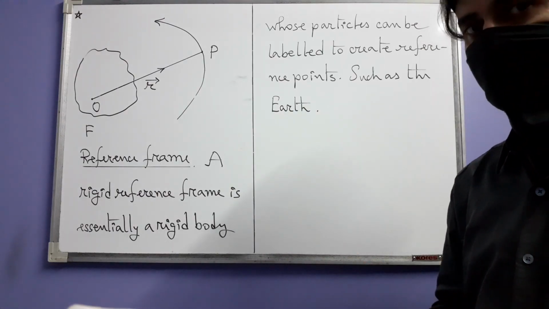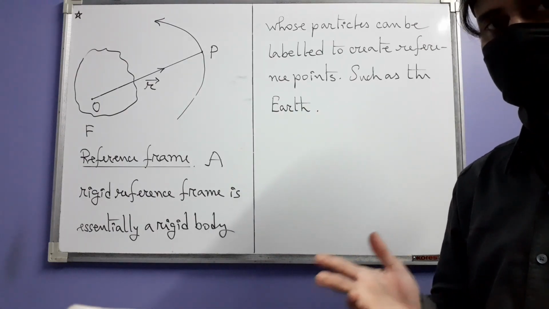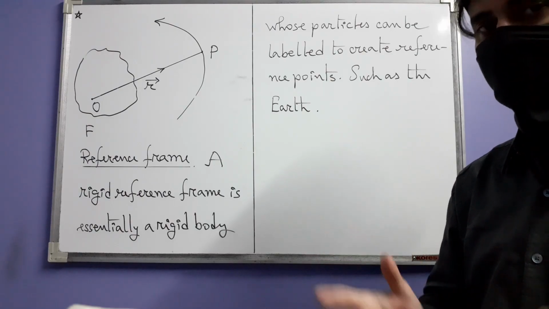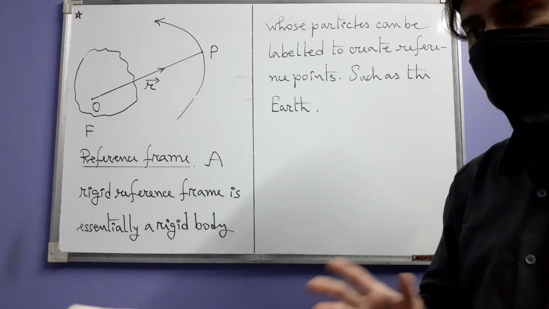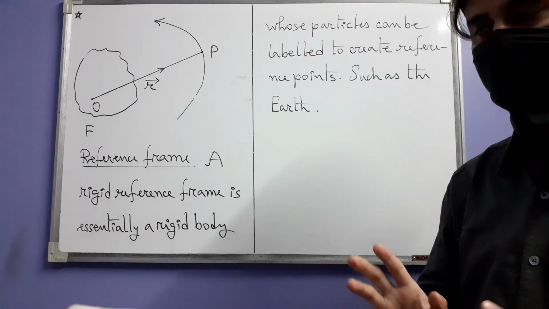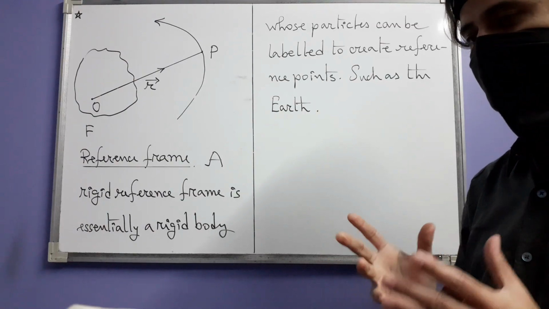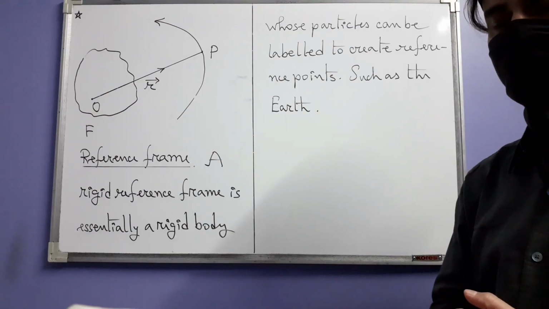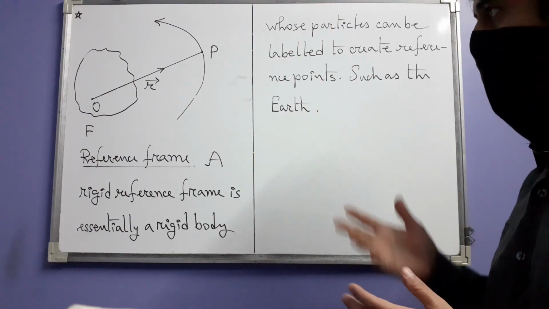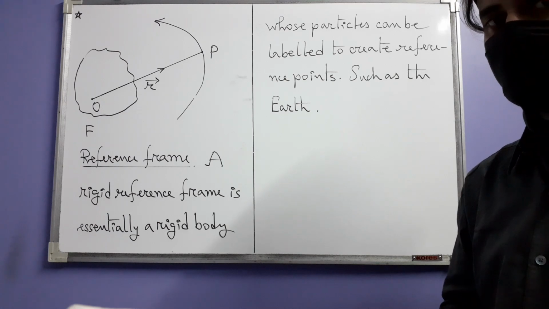The Earth is actually not a rigid body, but as we discussed previously, nothing is perfectly rigid. But for most purposes, solids can be considered as rigid bodies. But now the question is this: why do we need a rigid reference frame?